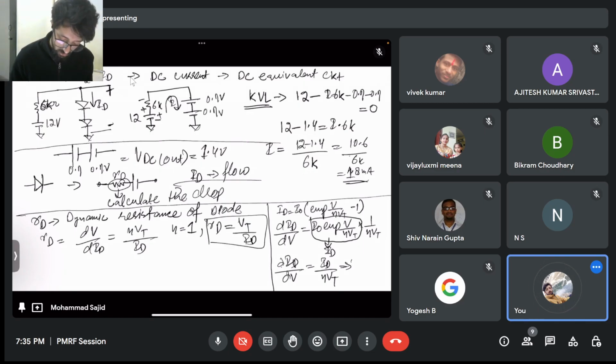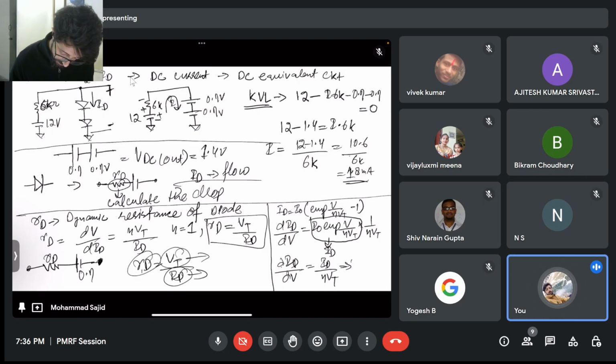Fine. So now if you have a realistic diode, you have RD, you have 0.7. Can you now find the value of RD? You know RD is equal to Vt by ID. Now you know ID, you know VT. You can find RD now, right?